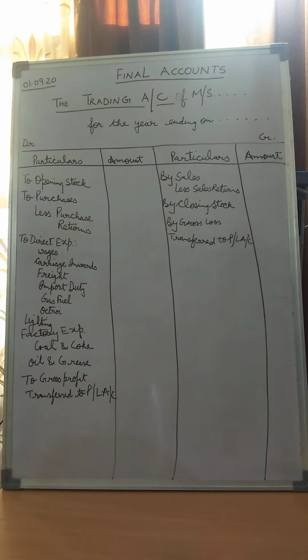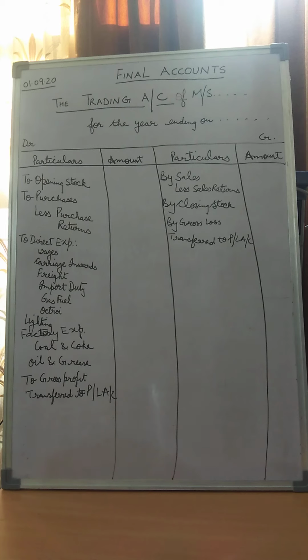The goods in transit, goods purchased on hire purchase, goods distributed as free samples are not part of it. Direct expenses, these include, children, manufacturing wages, carriage inward, power and fuel, factory lighting, heating, factory rent and rates, factory insurance, etc.